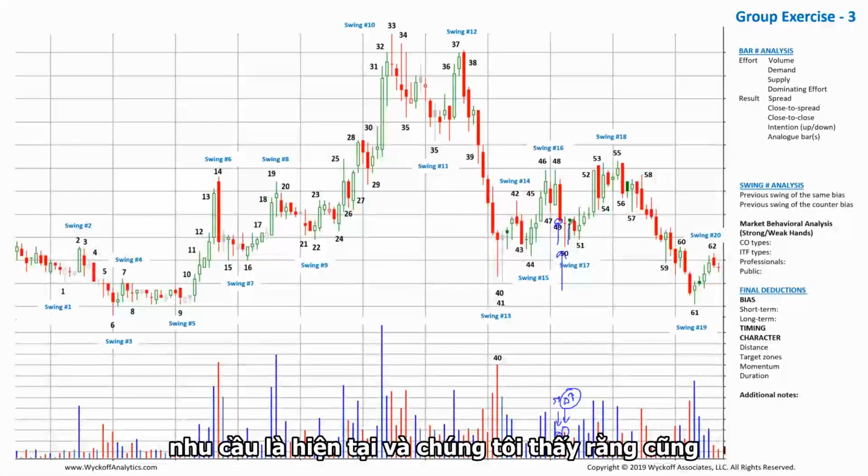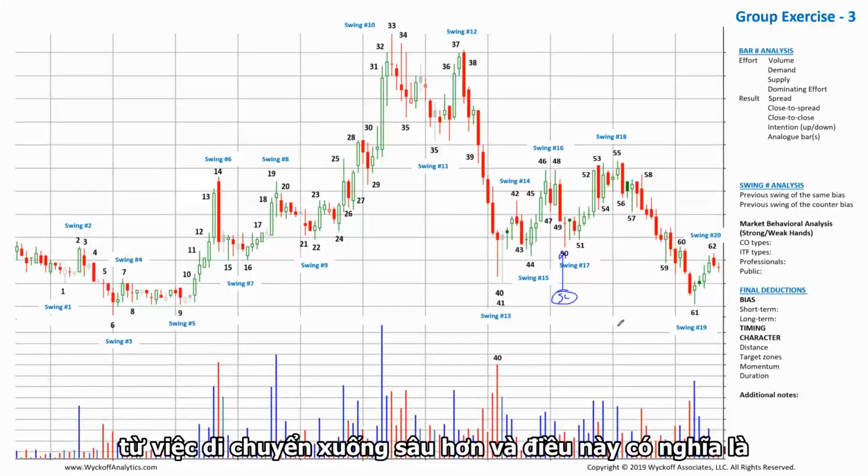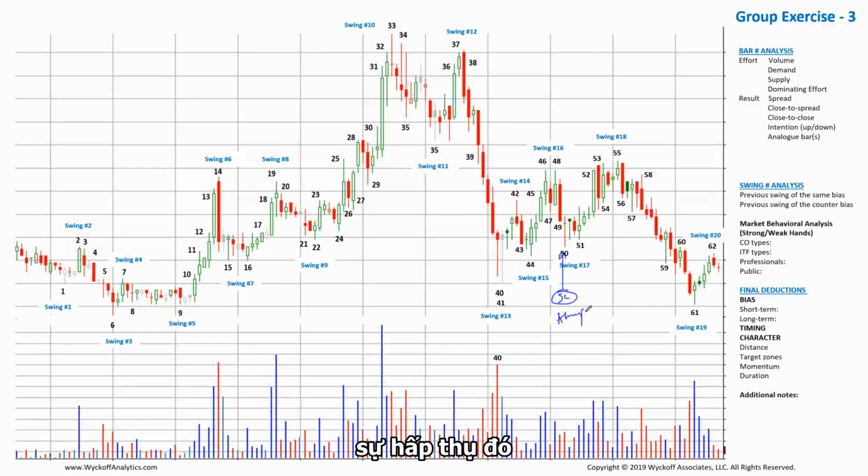And we see that also from the tail, from close to close. Look at this close relative to 49 close, and look at 49 and 50. They're almost at the same level. So demand is definitely there. And if demand is there, the first thing is just to stop the price from moving further down. And this means that absorption was happening on the way down.